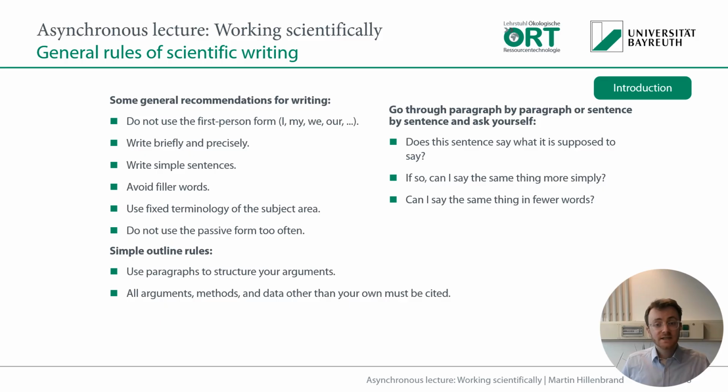Can I say the same thing with fewer words? And if you say yes, then please shorten it down. We want to give as much information in a precise and condensed way as we can. Normally, the shorter and more precise your text is, the better.